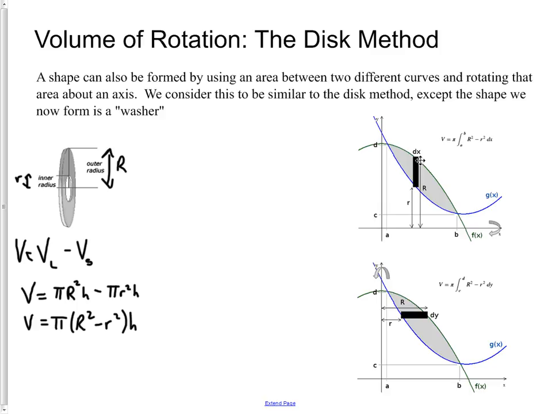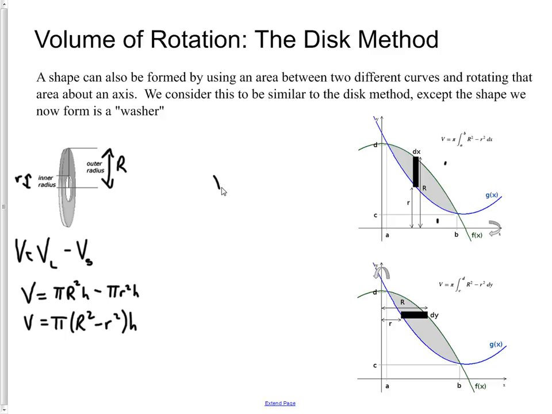And that's the way we're going to face this if we're dealing with two functions. If we've got a function f of x and a function g of x, and one is upper and one's lower, just like our area problem, we're going to take the difference between f of x squared and g of x squared.